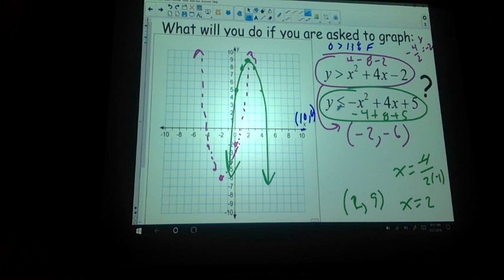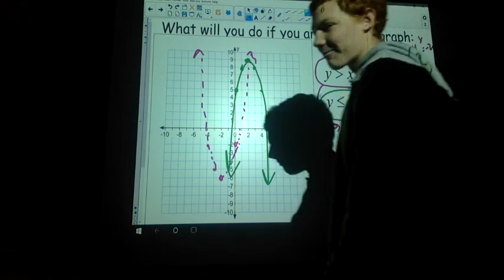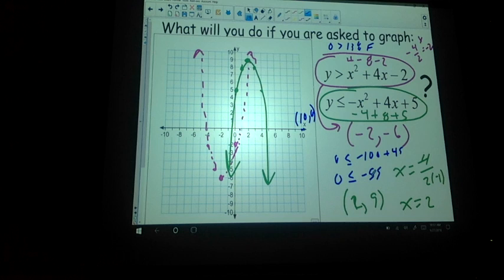Let's figure out this one. Same thing. Plug (0, 10) in. So 0 is less than negative 100 plus 45. Is 0 less than or equal to negative 55? I mean, greater.